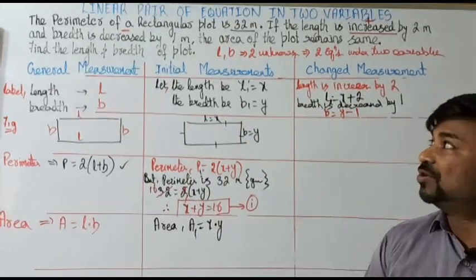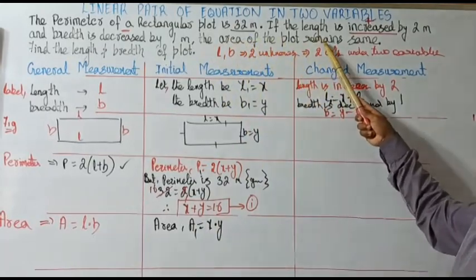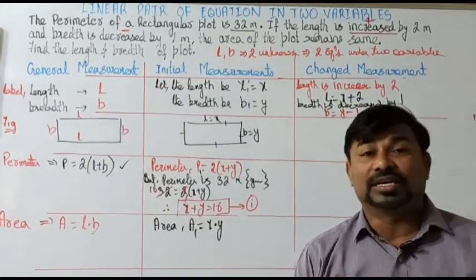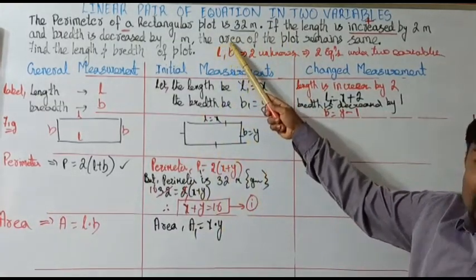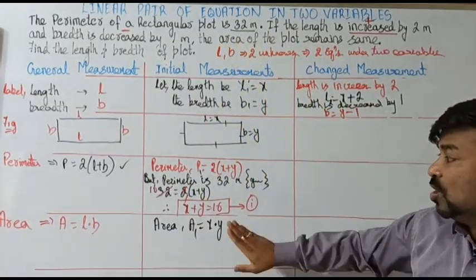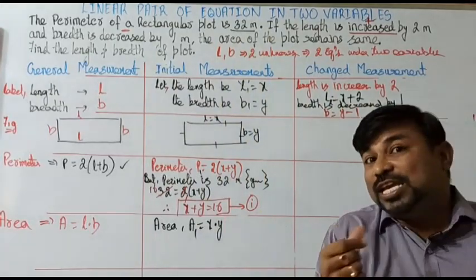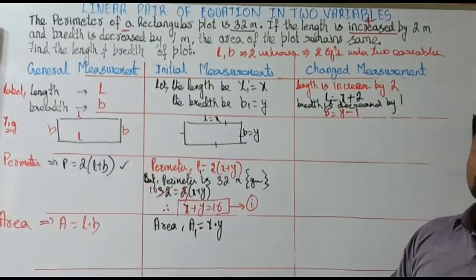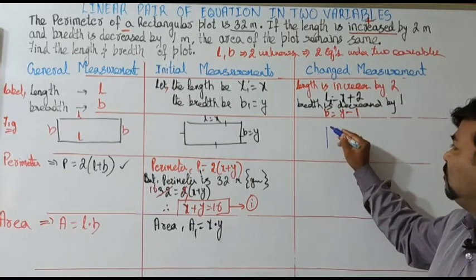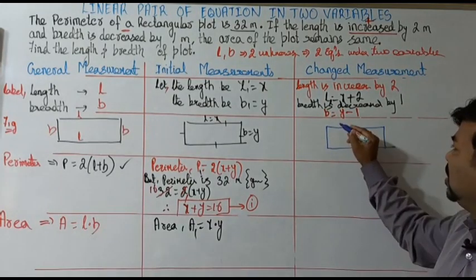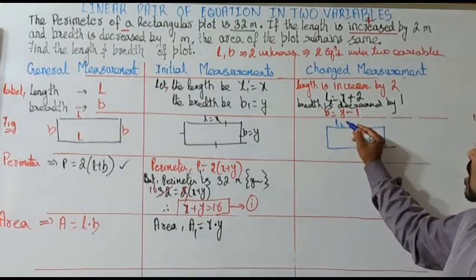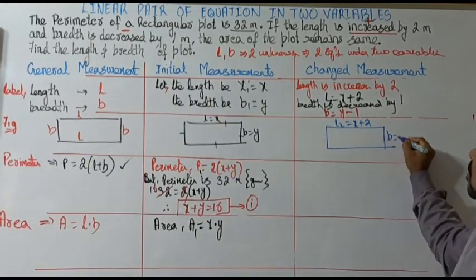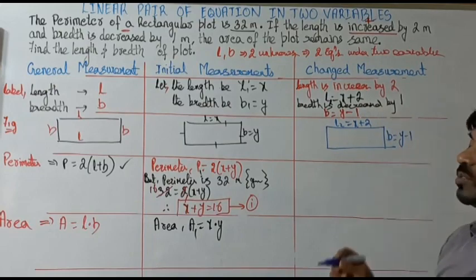Now what about the perimeter? Now let's see here. The area of the plots remains the same. He did not discuss the perimeter; he is talking about the area. And please remember one more thing: we have equation 1, and we need one more equation. So, what about the perimeter? Let's go to the figure. The new L, L2, is x plus 2, and the width is y minus 1.